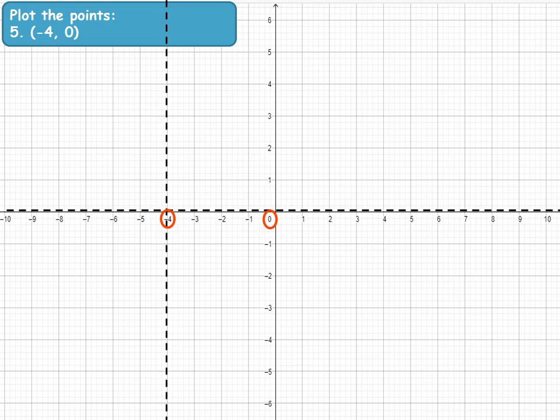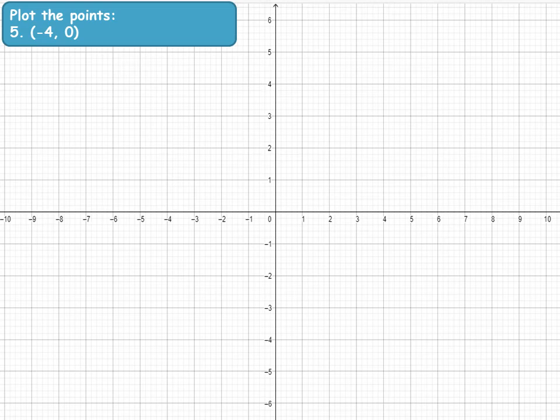Let me further explain with this second example. Since the -4 is the x value and the y is the 0, we're going to keep our point at the -4. 0 means nothing, no movement, so we're going to keep our point at our x value.